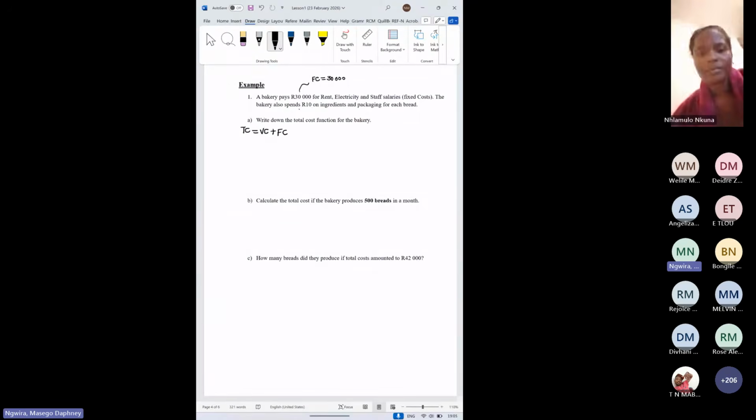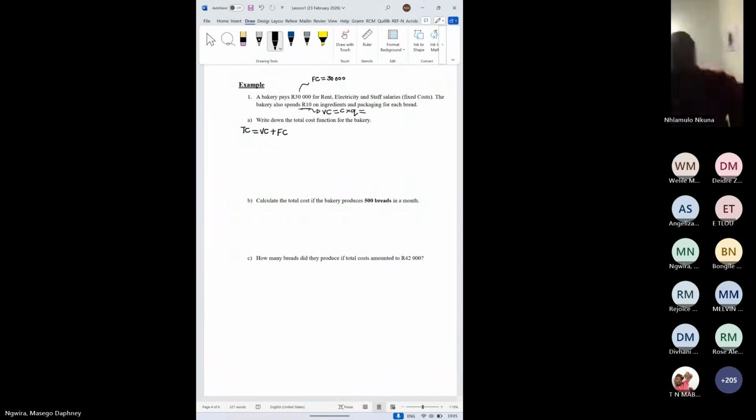So a variable cost, the formula for variable cost, if you can remember, variable cost is equal to, what is the formula from the notes? Cost multiplied by quantity. So our cost is how much? It's 10 rand.